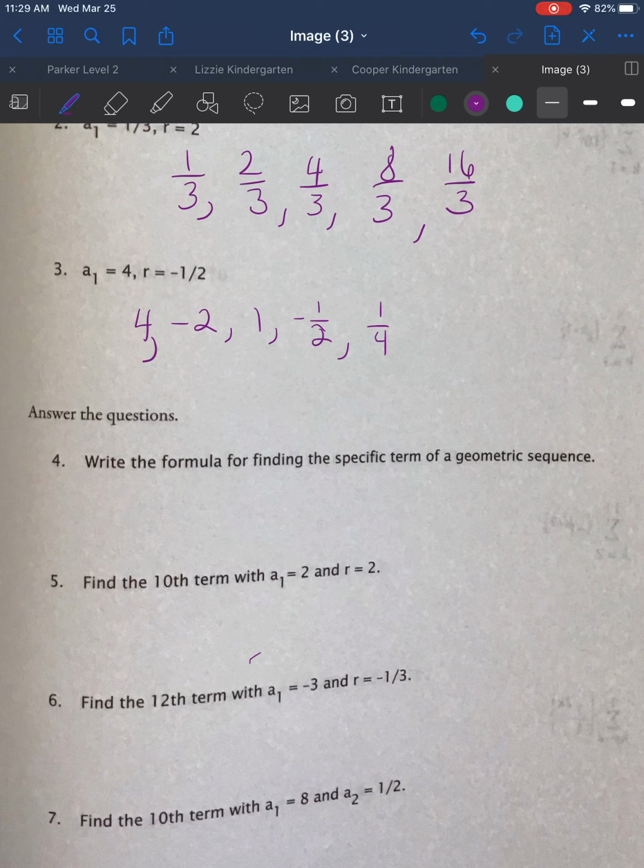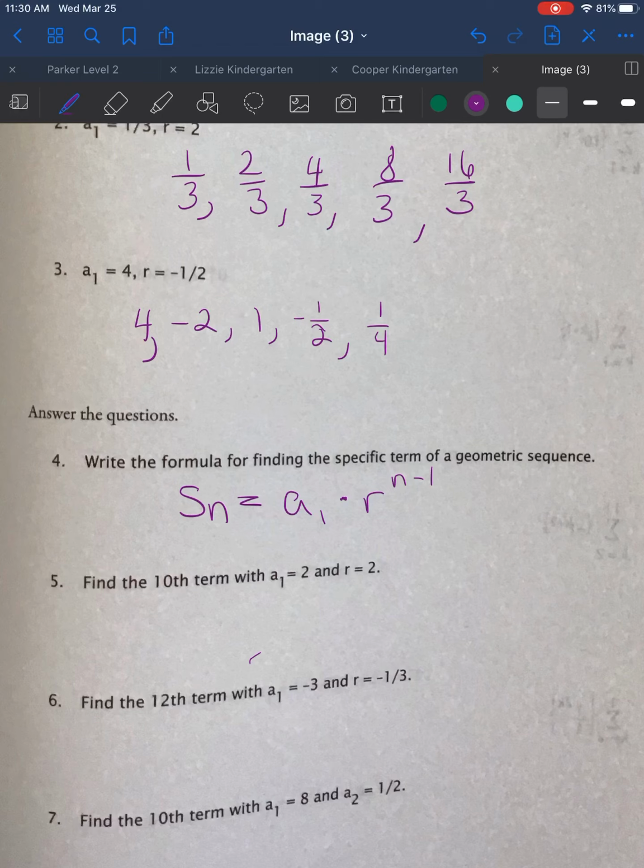Finding a specific term, just like we did in arithmetic, we've got a cutesy little formula: S of n, this is our specific term, equals a sub 1, your first term, times your common ratio r to the power of n minus 1, where n is the term you're looking at.